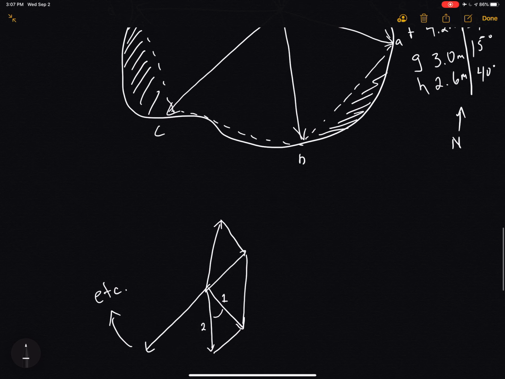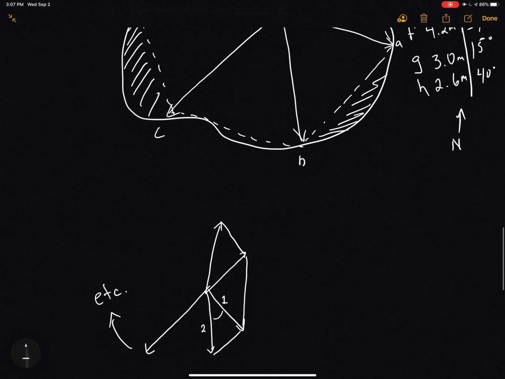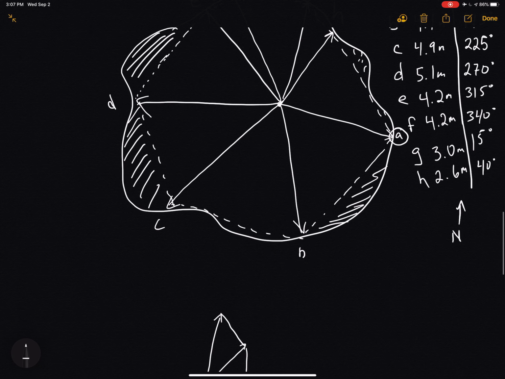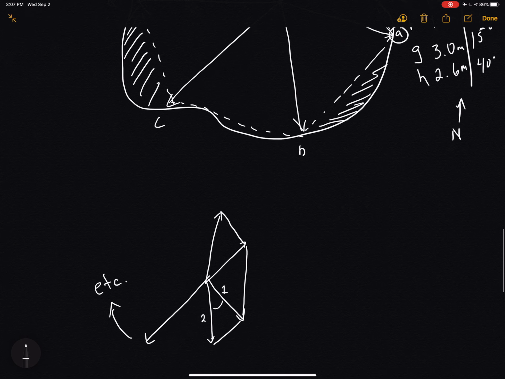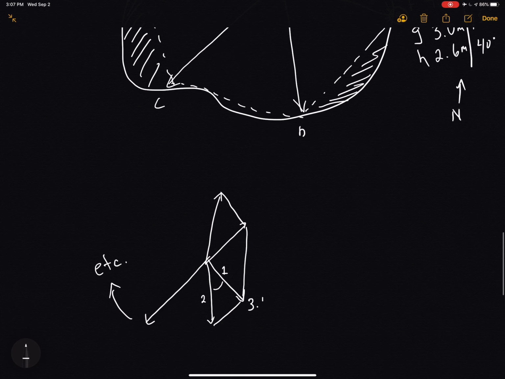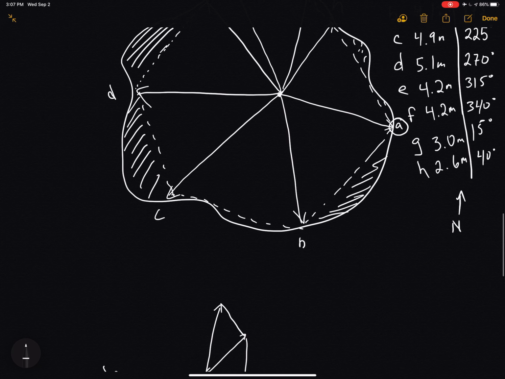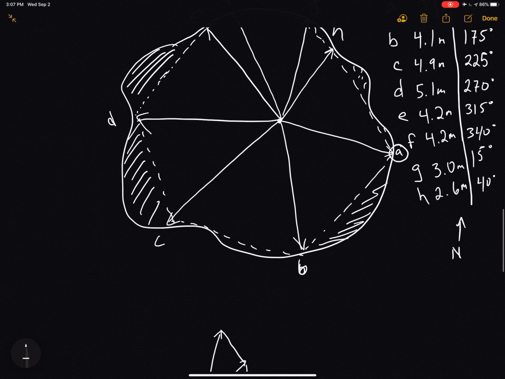Now, in this case, side number 1 is the same thing as radius A. And we know that radius A is 3.1 meters long, and radius B is 4.1 meters long.